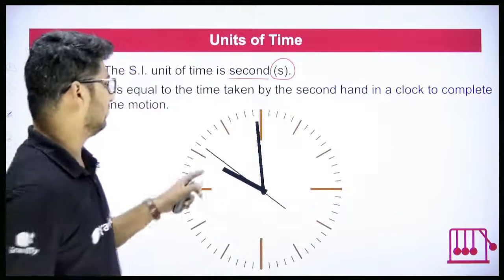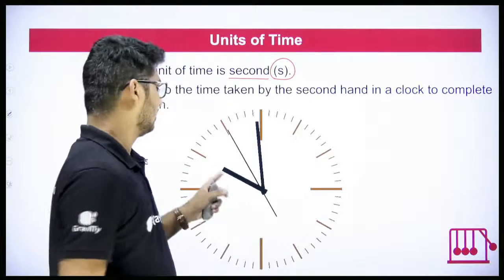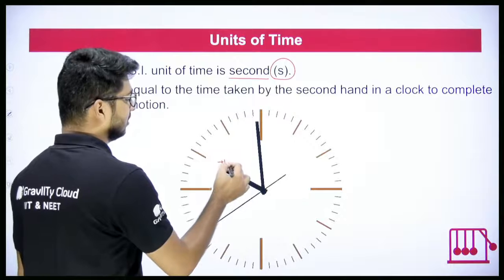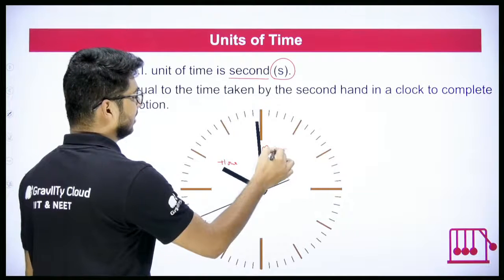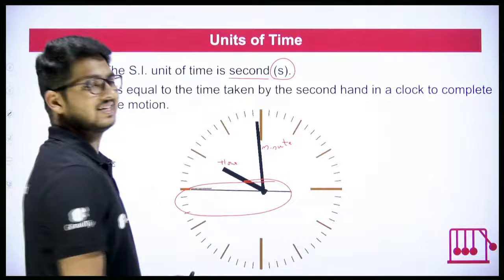What is 1 second? If I use a watch or a clock, you have 3 different hands here. You have a minute hand, a second hand, and an hour hand. Yes or no? This is the hour hand, this is the minute hand, and this one that is moving here is the second hand.